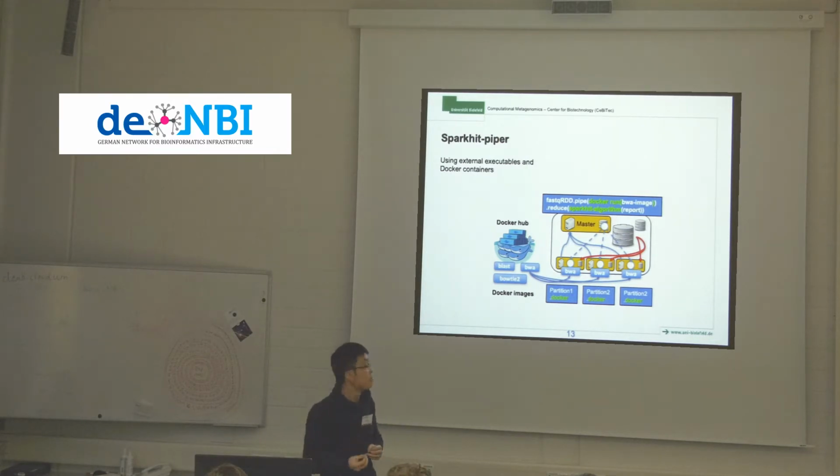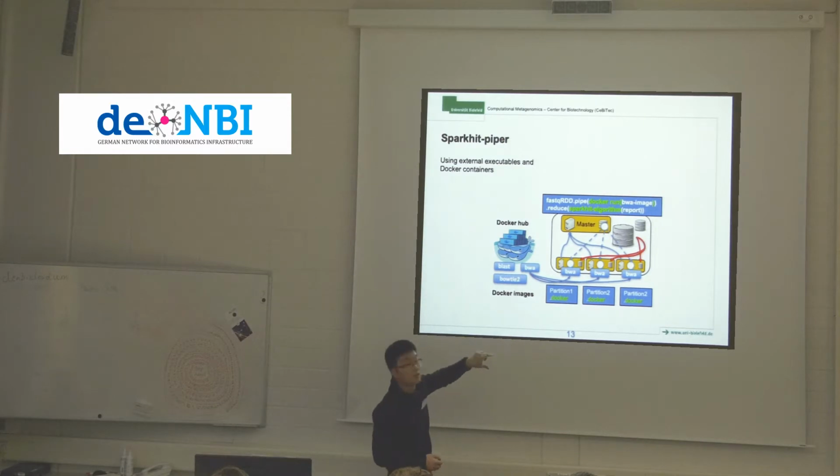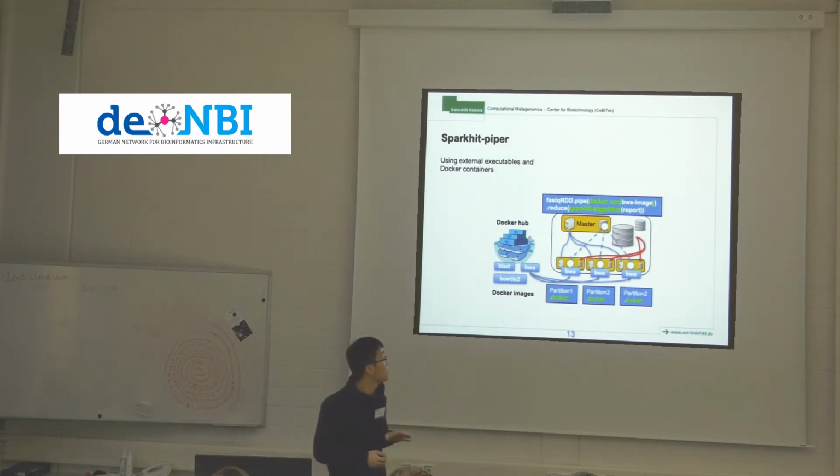The Docker container manages the mapping process, the independent parallel process, for you. So for each partition, you just apply another Docker function, or let's say a pipe function, where you download the Docker container, which is an independent tool that can be executed on each worker node independently.